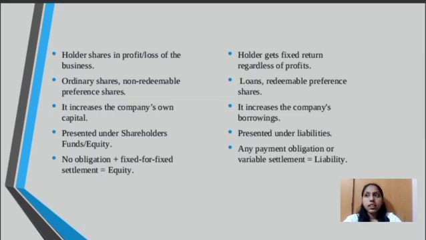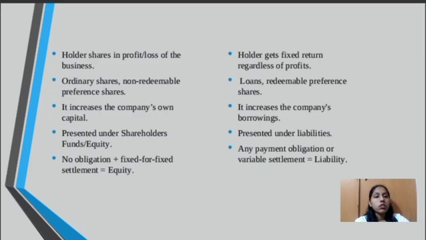The ninth one, under equity instrument: presented under shareholders' funds or equity. In the balance sheet, equity is shown under shareholders' funds because it is part of the company's own capital. This includes share capital and reserves and surplus.